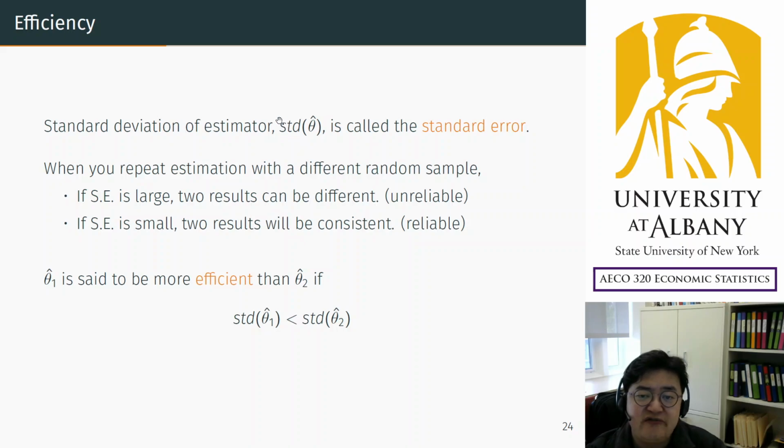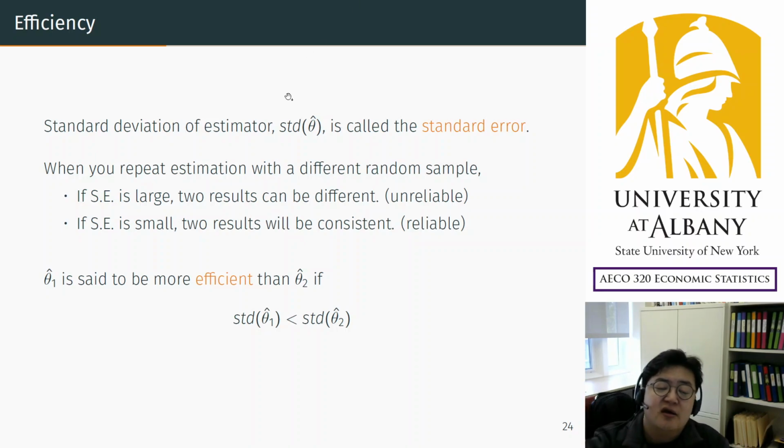Specifically, the standard deviation of an estimator is called the standard error, because it is based on the estimation error. Then we want the standard error to be small. The smaller the better, always.